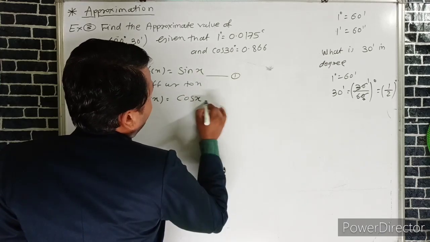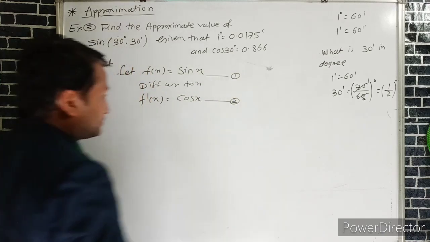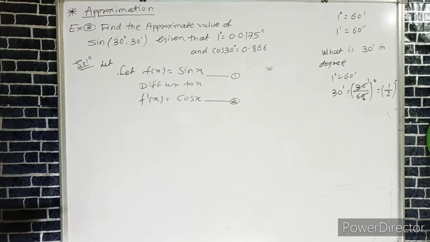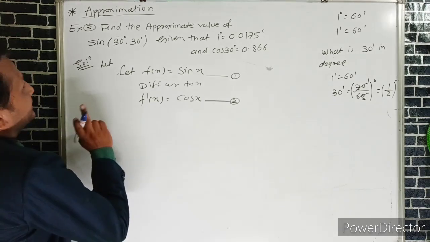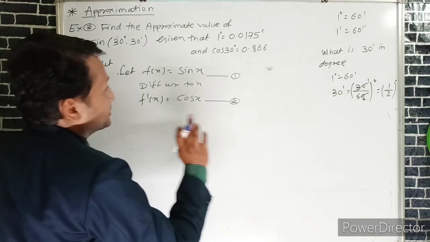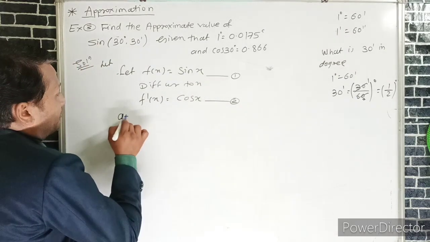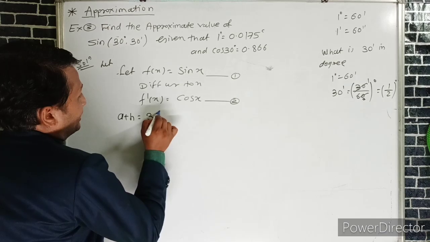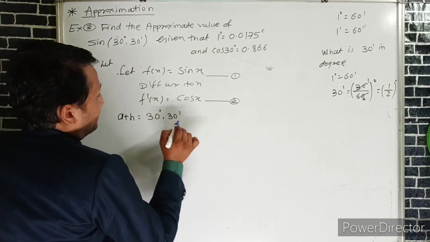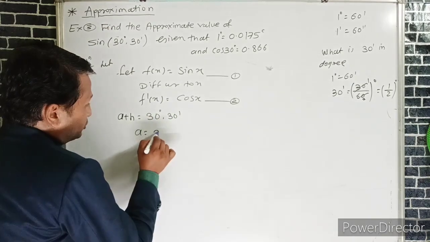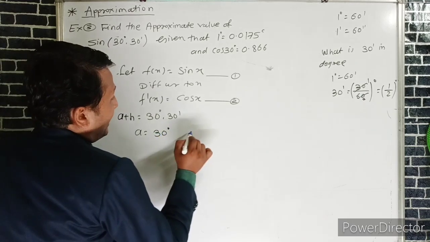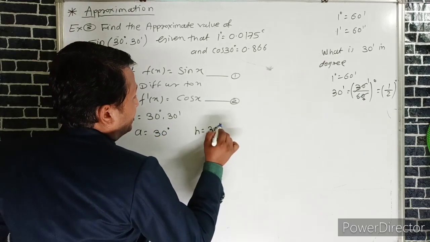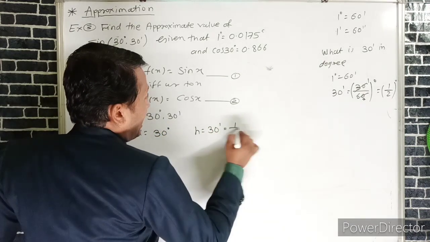Now the value of a plus h is 30 degrees 30 minutes, which means a is equal to 30 degrees and h is equal to 30 minutes, meaning half a degree.